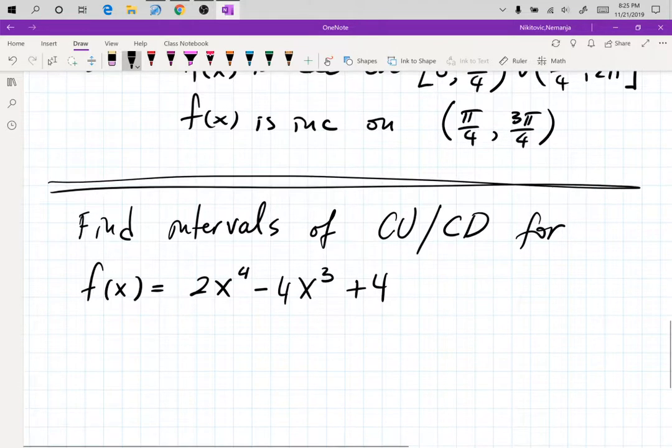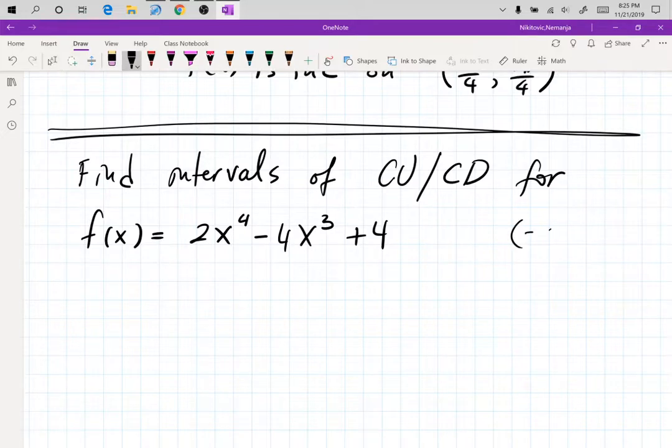Good. We are on infinite domain. No vertical asymptotes, because it's a polynomial. So our partition will not include any vertical asymptotes again.